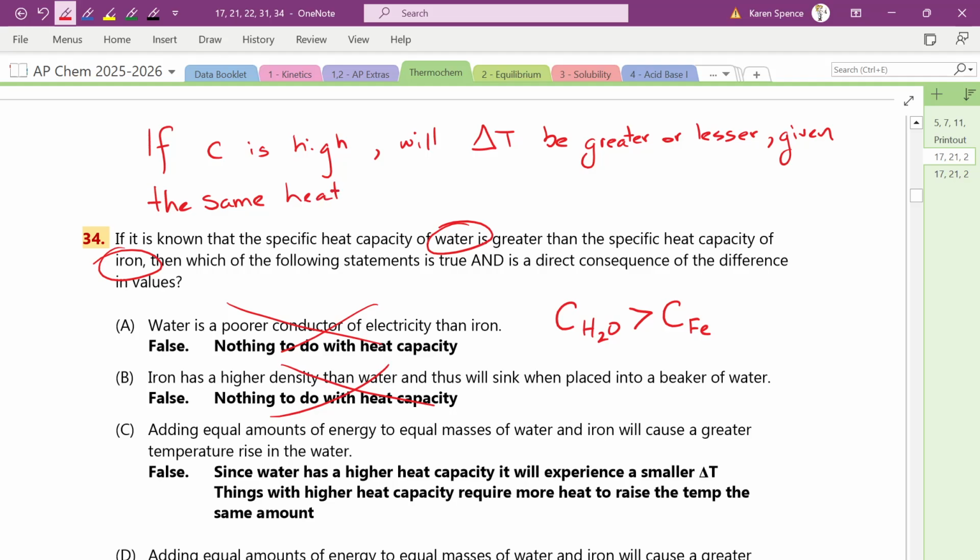So given the same heat applied to the system, if the specific heat is high, will delta T be greater or smaller? It'll be smaller, okay?